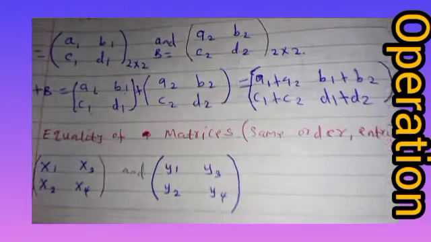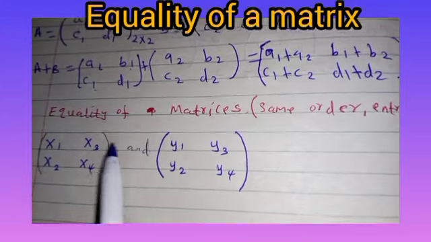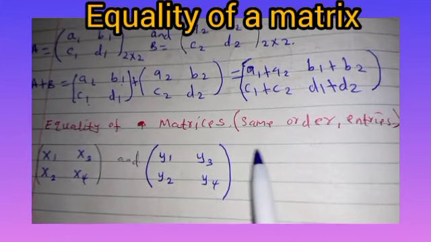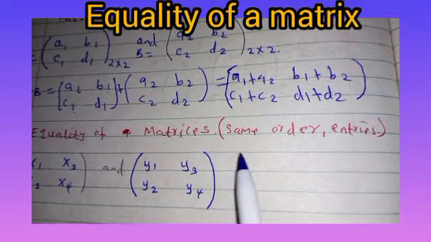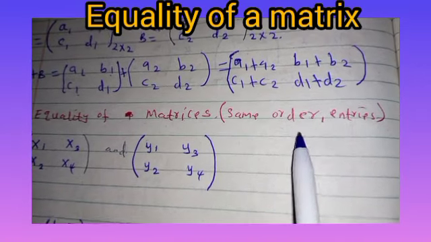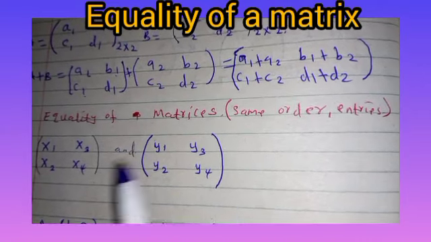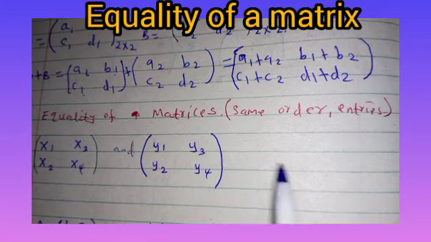Now the next thing we look at is what is called the equality of matrices. Matrices are said to be equal when they are of the same order and the entries in each case are equal.